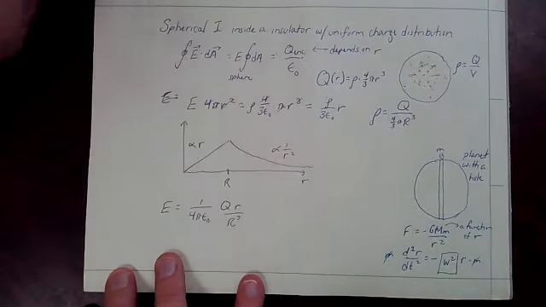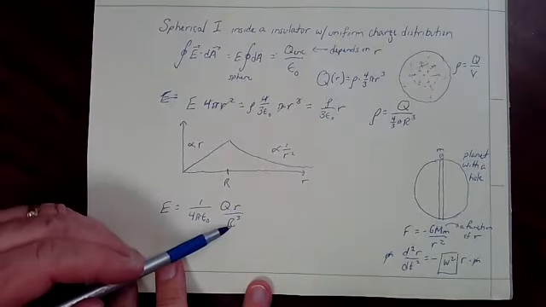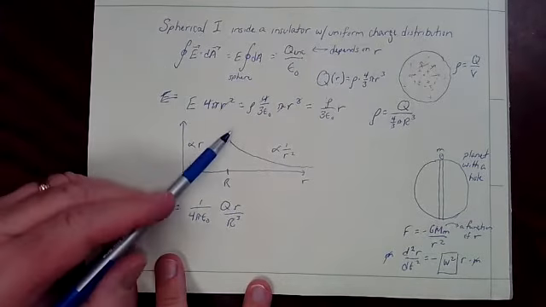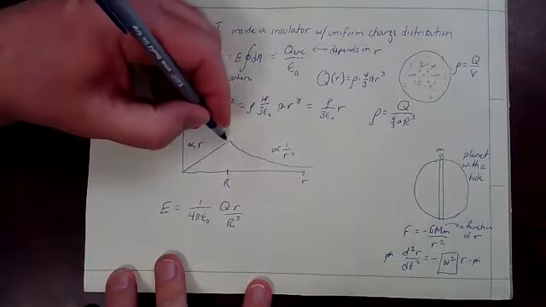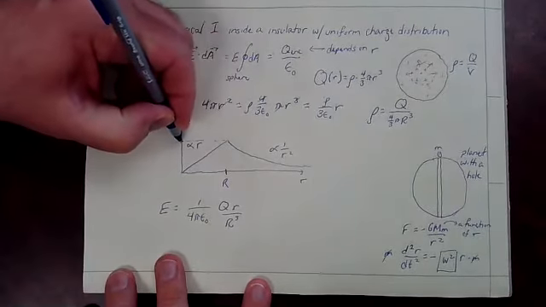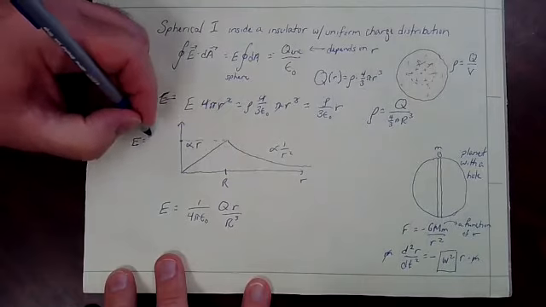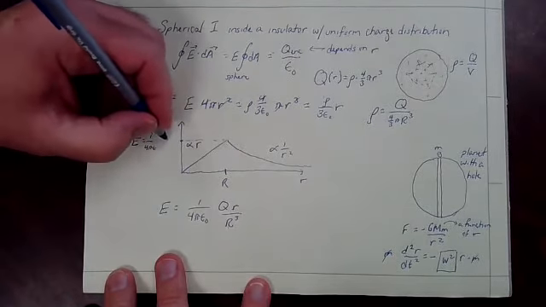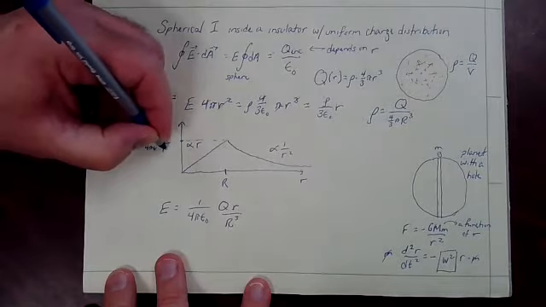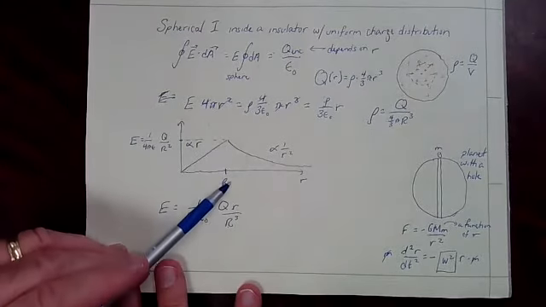And why is this important? Because when little r becomes big R, then the 1/r squared function takes over. So the value of the electric field at this location right here is going to be equal to 1/4 pi epsilon naught times Q over big R squared. This is kind of an interesting boundary condition.